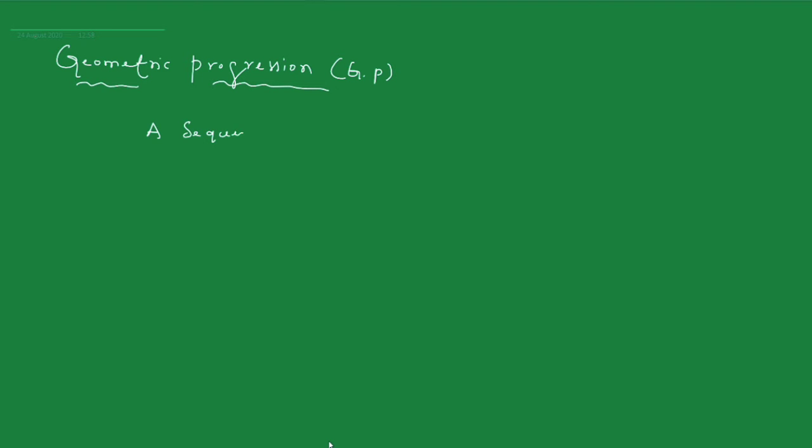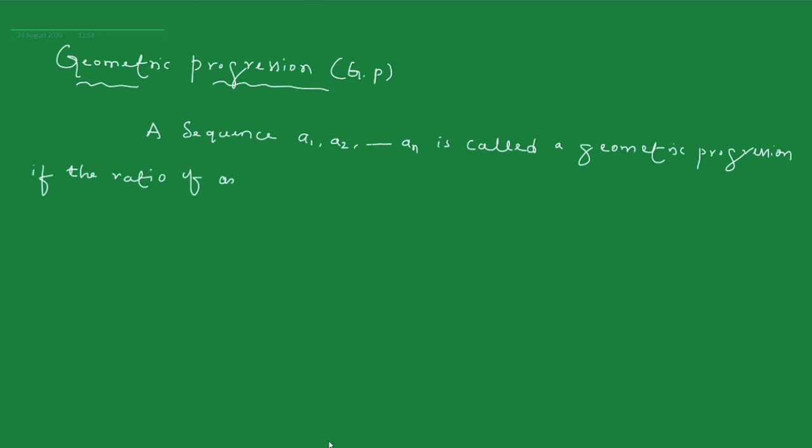A sequence A1, A2, so on up to AN is called a geometric progression if the ratio of any term and its previous term is always a constant, right?